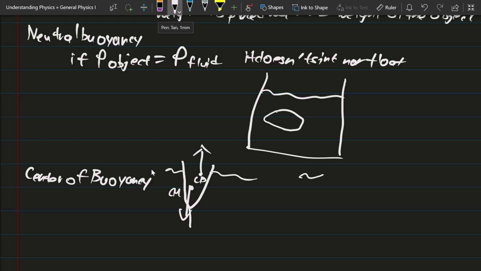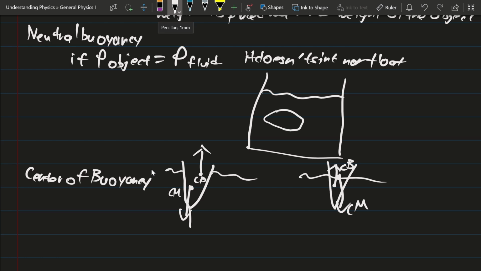But if you have, for example, your center of mass to be here and your center of buoyancy to be here, you could see what will happen. It will basically try to find a state in which it has a lower potential energy. So it will basically flip over, and you will have a ship that is going down, which is bad.